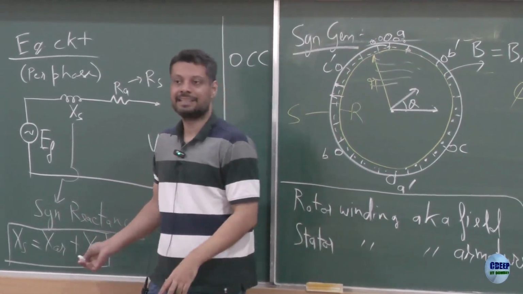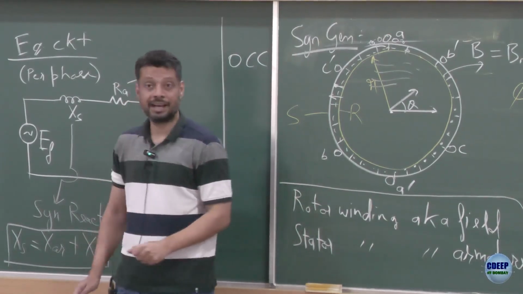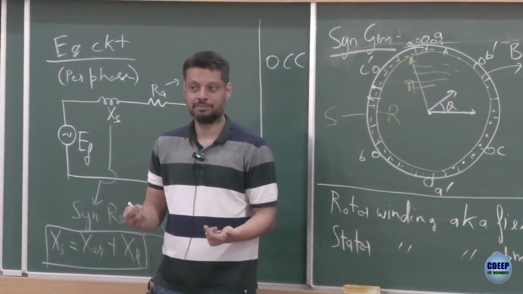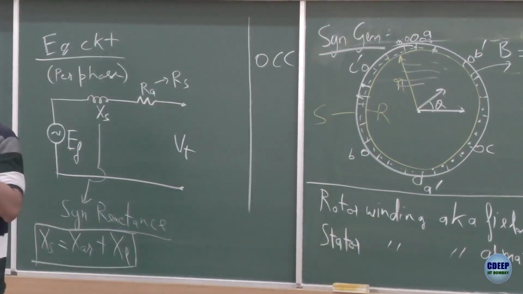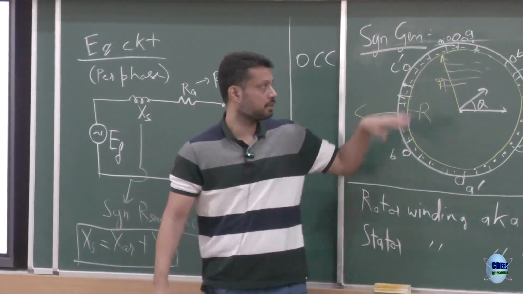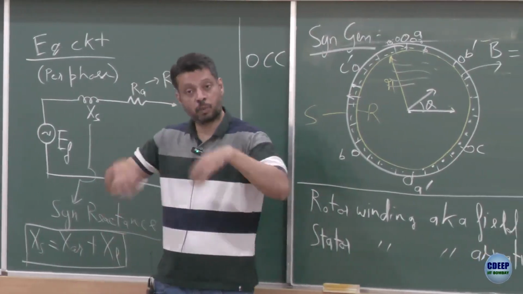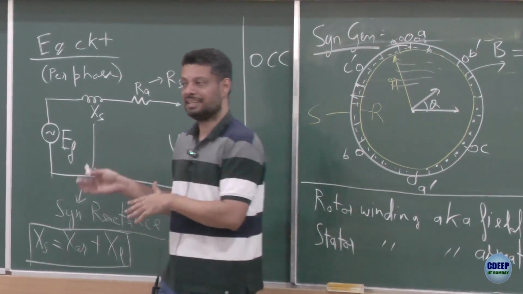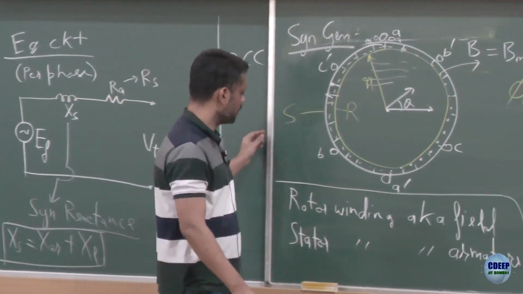As you can guess, L stands for leakage, AR stands for armature reaction, very similar to DC motor armature reaction, but we won't get into too much detail at this point. Broadly, XAR is the flux which is linking the rotor, XL corresponds to the flux which is not linking the rotor, but the total is XS, which stands for synchronous reactance. Is that okay?